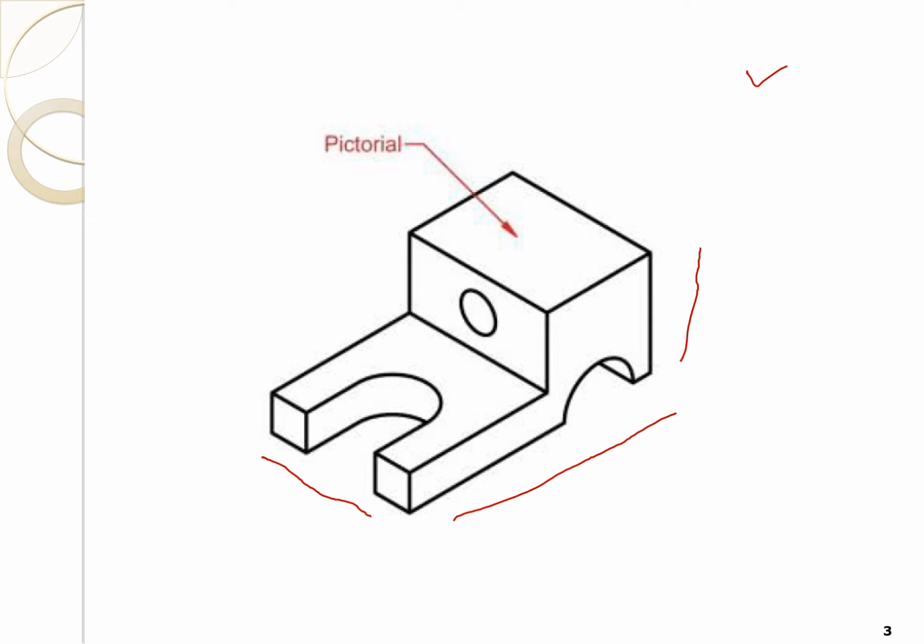You can just communicate it to someone to represent your idea, and you can communicate this to a non-technical person, or you can use this to assemble it somewhere in the machine. So again, it cannot be used for manufacturing purposes, but it can be used to communicate an idea to a non-technical person.